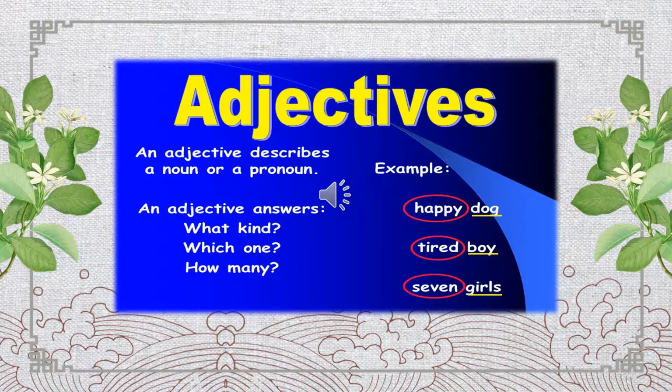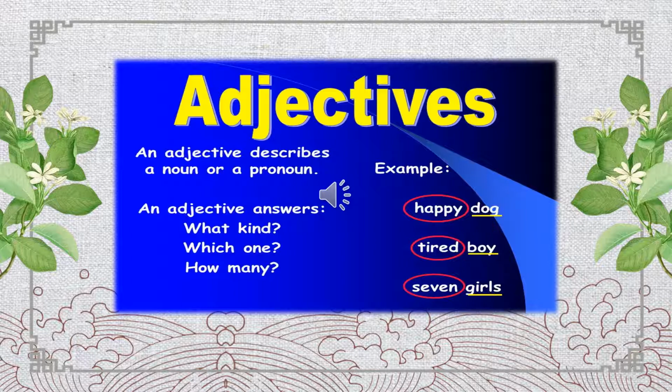So what are the important facts we have learned about the adjectives in earlier slides? That adjective describes a noun or pronoun. An adjective answers: What kind? Which one? If we have to point out towards someone or tell about someone particular, we will use adjectives.